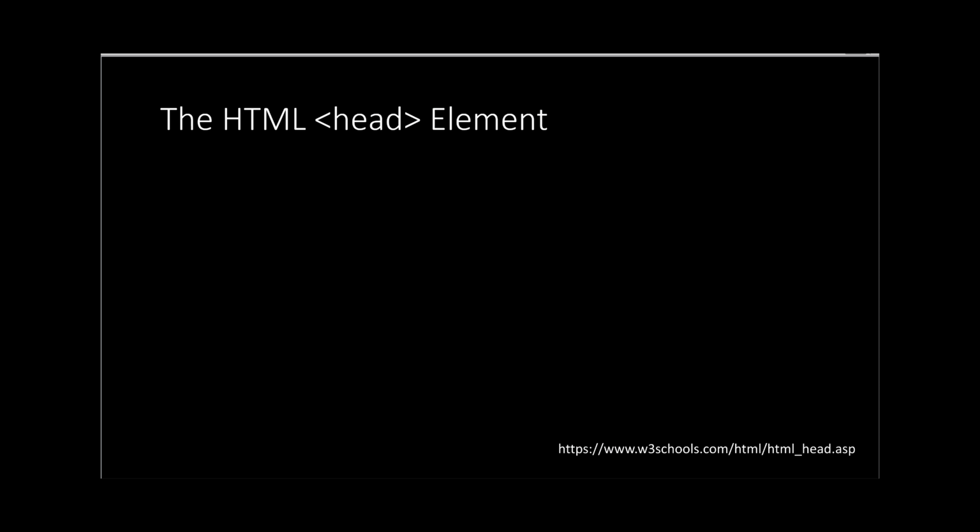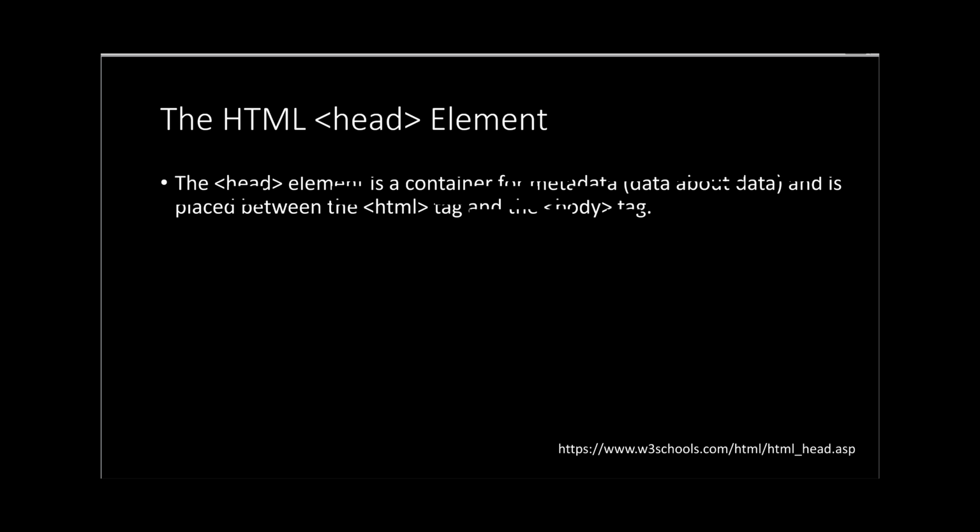Right. So now, just to bring your attention to the head that I talked about in the previous page, it's good to have the head before the body. Basically what the head does is, it is an element, a container for metadata. What does metadata mean?